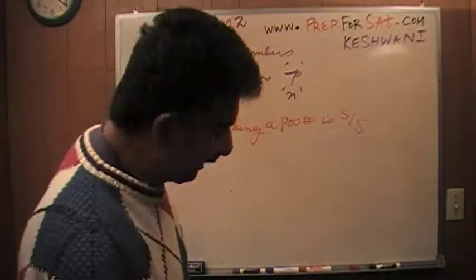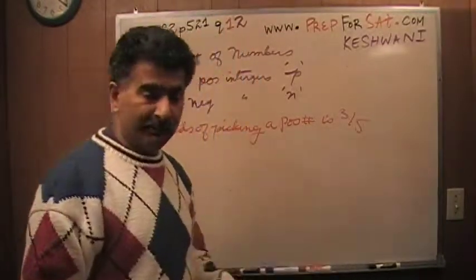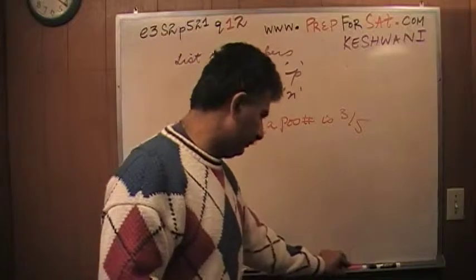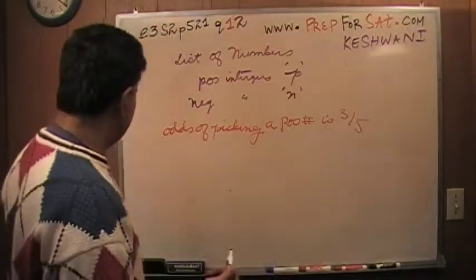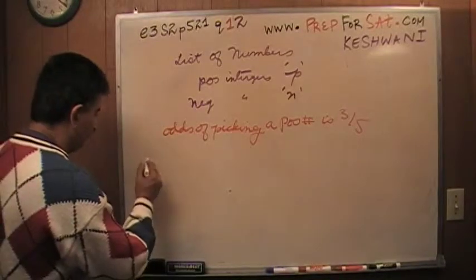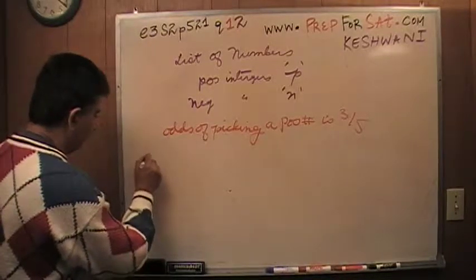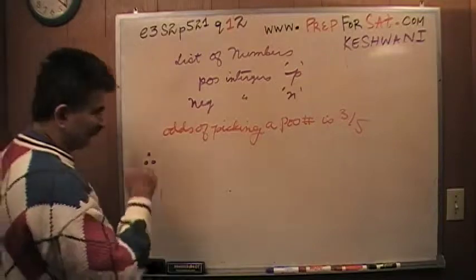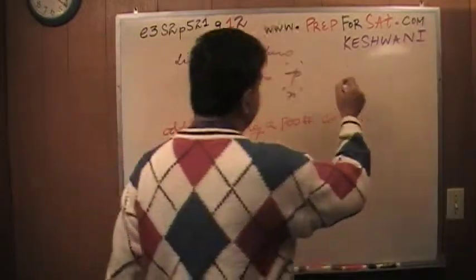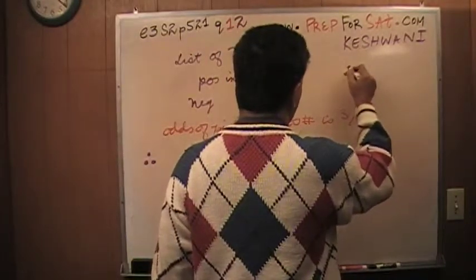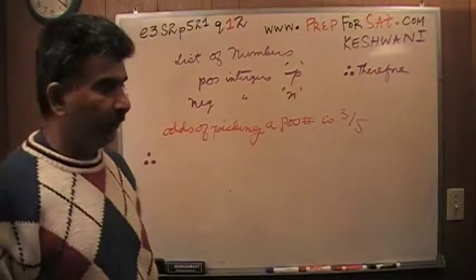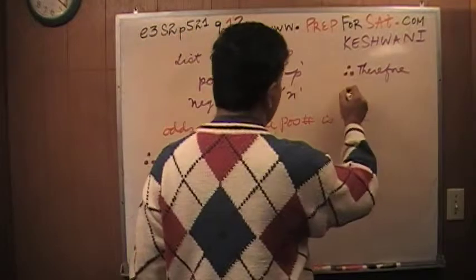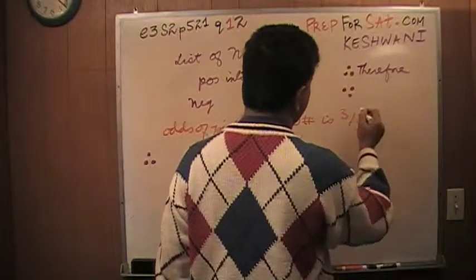Well, if the odds of picking a positive number, what they call the probability of choosing a positive number, which is same as saying the odds of picking a positive number is 3/5, well, then it follows that, I hope you know this symbol. This symbol means therefore.